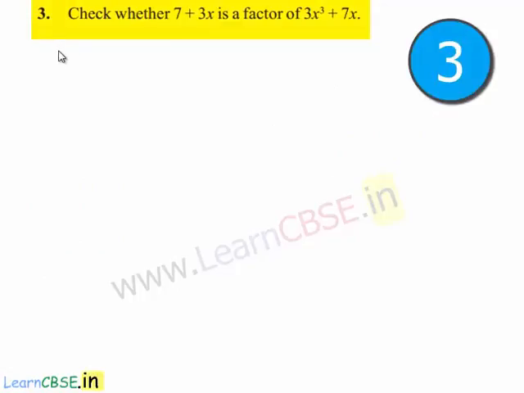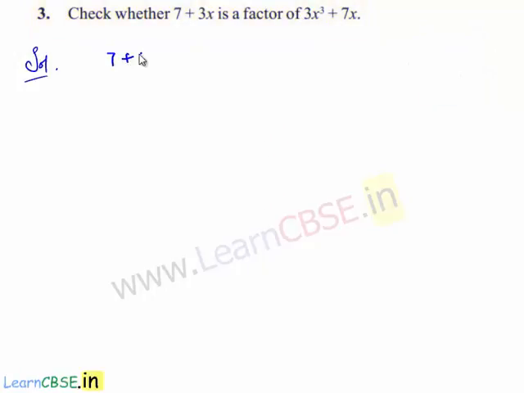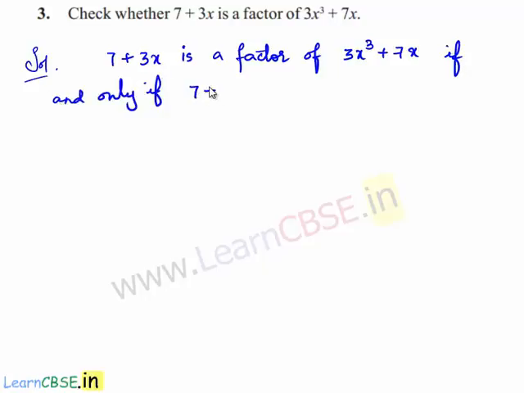Moving on to the third problem, check whether 7 plus 3x is a factor of 3x cube plus 7x. So 7 plus 3x is a factor of the given polynomial, which is 3x cube plus 7x, if and only if 7 plus 3x divides the given polynomial 3x cube plus 7x, leaving no remainder.